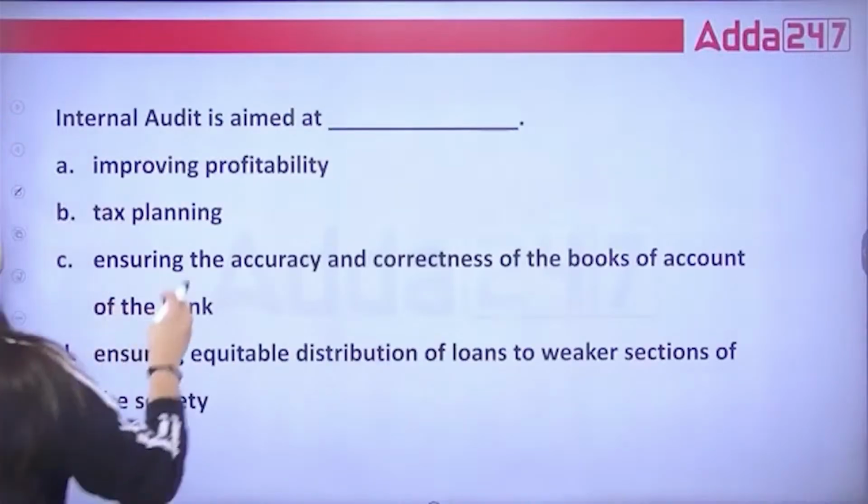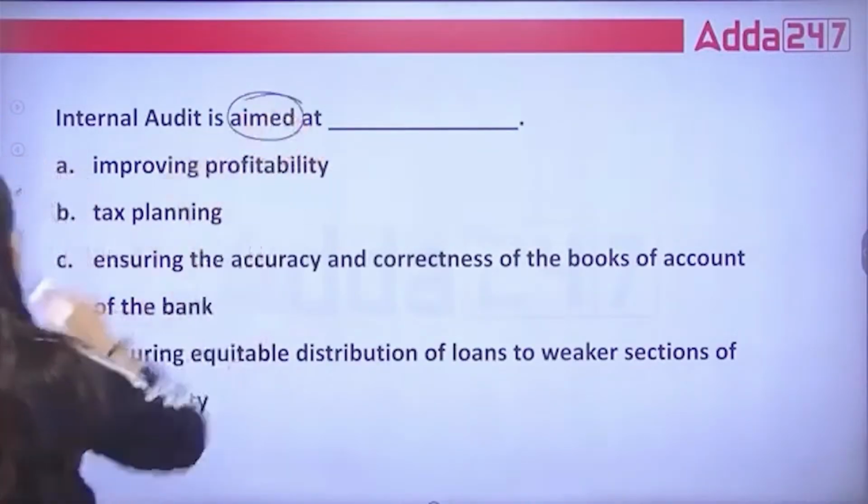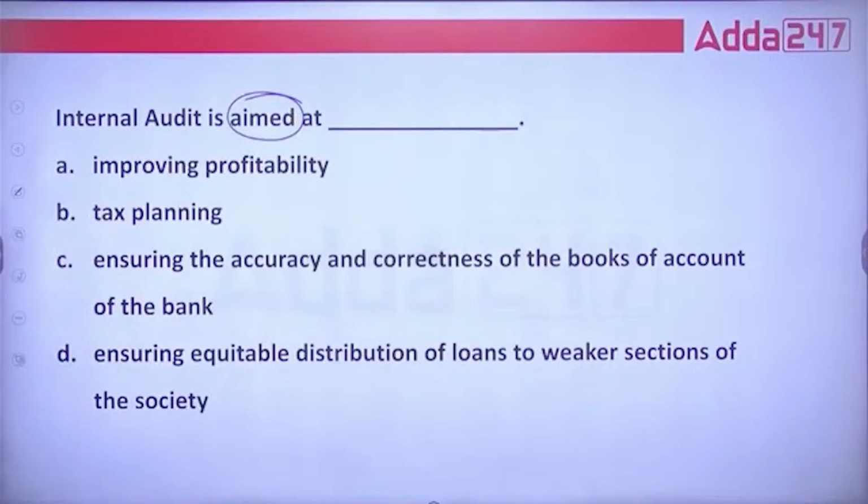Next, internal audit is aimed at improving profitability, tax planning, ensuring the accuracy and correctness of the books of account of the bank, ensuring equitable distribution of loans to weaker sections of the society. Now, internal audit, why are we conducting internal audit? What is our main reason behind this?